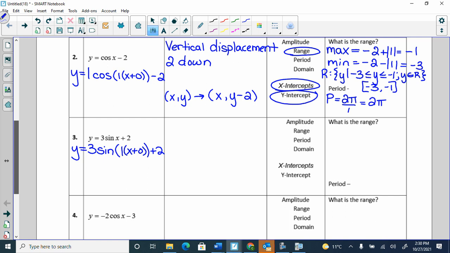Okay? So what are our transformations? By a factor of? About the x-axis. So it's about the opposite axis. So vertical stretch by a factor of 3 about the x-axis.